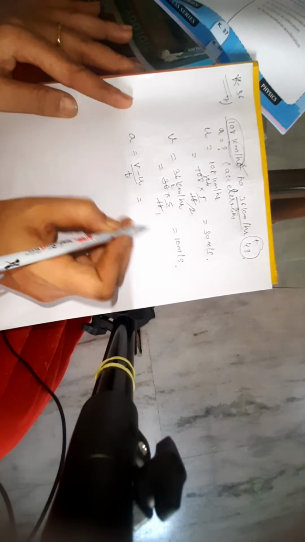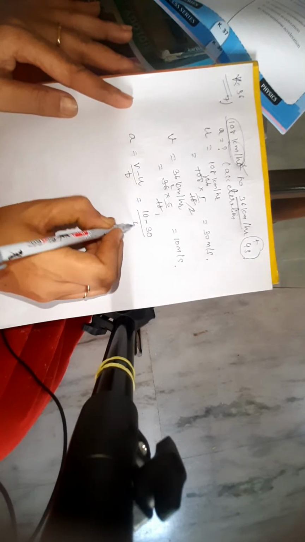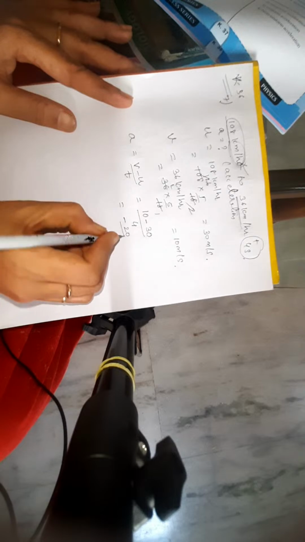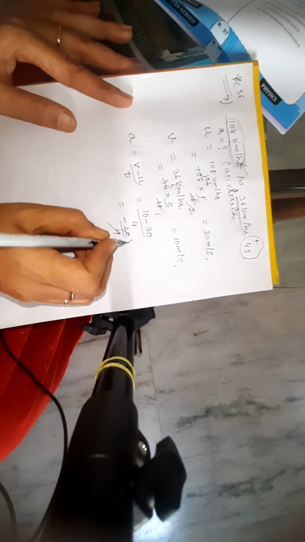The acceleration formula is (v minus u) by t. Here v is 10, u is 30, t is 4. Thus 10 minus 30 is minus 20, upon 4. So it is 5. So the answer is 5 meter per second square.